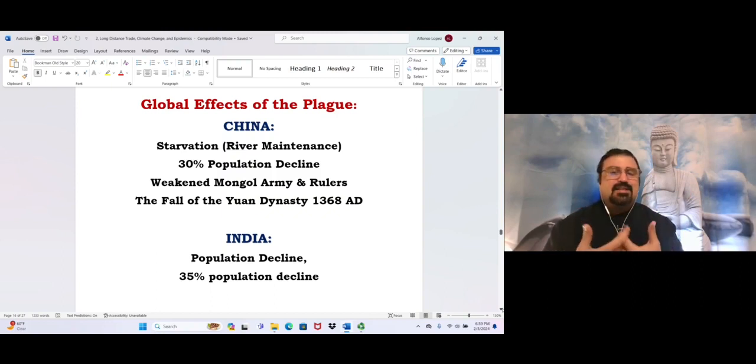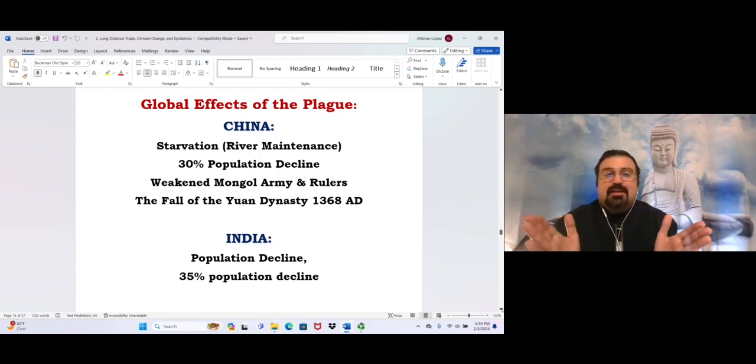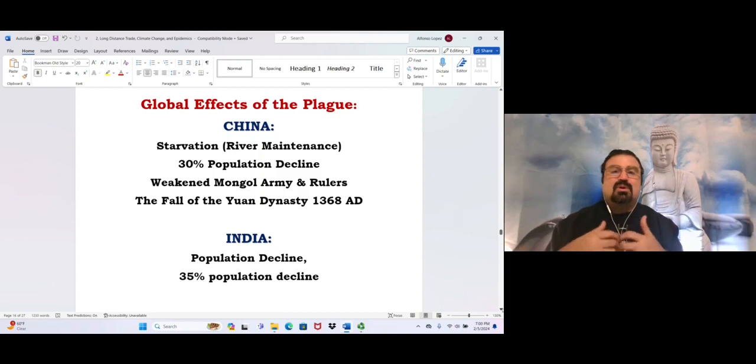And we see that this led to starvation because a great many people that used to work in the hydraulic systems, in the river maintenance, for example, maintaining the canals, in the irrigation systems, the levees, and so on, were dying. So as a result of that, this led to also shortages of food and mass starvation, which really compounded the problem of the Black Death, because with starvation, we have weakening immune systems as well.